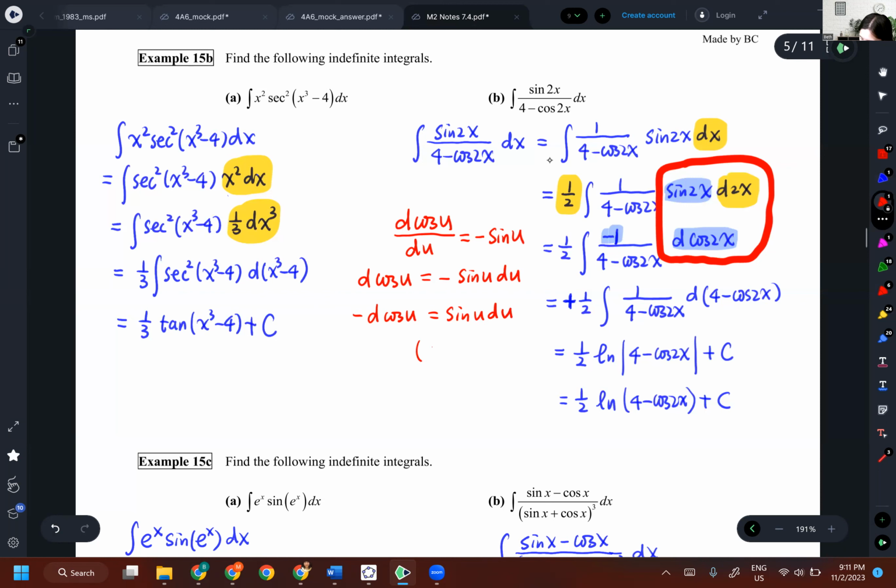Now here you should understand u is equal to x. That's how I thought about changing sine 2x d2x to d cosine 2x. It actually ran in my mind before I even wrote it.